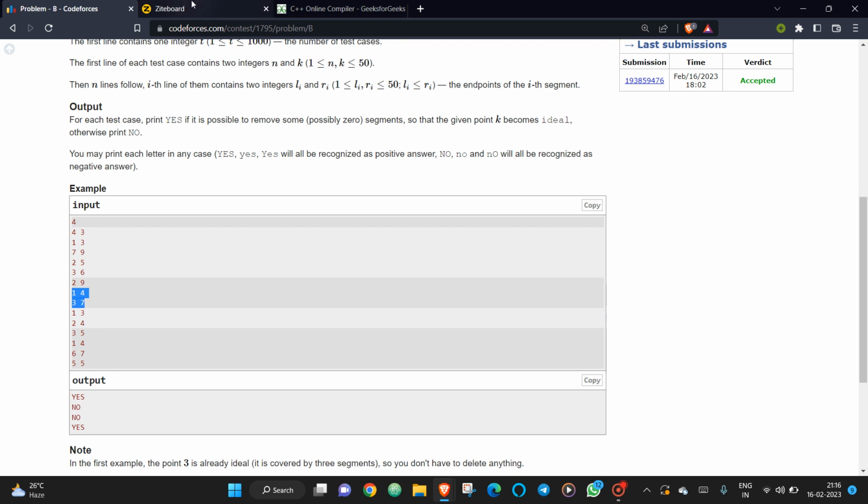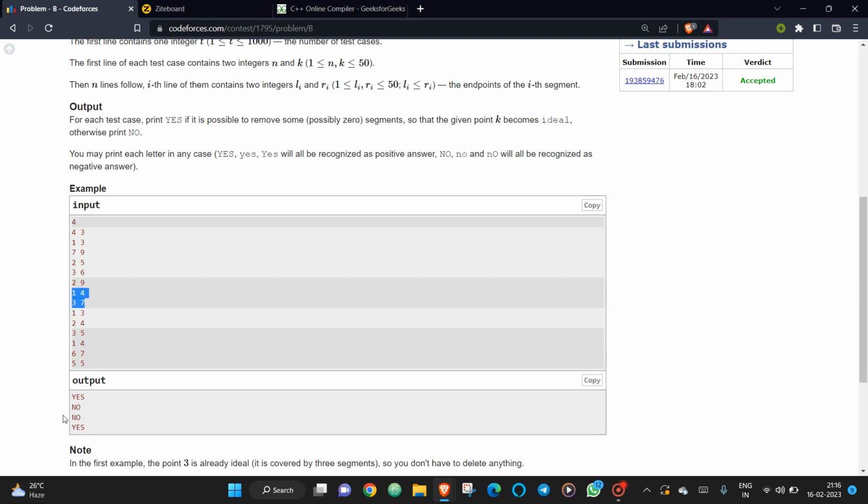If you check test case 2, that is n equal to 2 and k equal to 9, our k is not even present in these segments. So 1 to 4 and 3 to 7, our k is not visited even a single time.